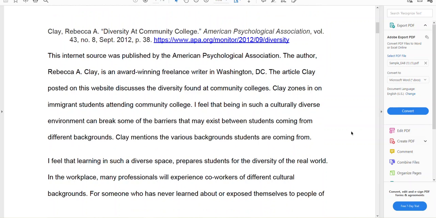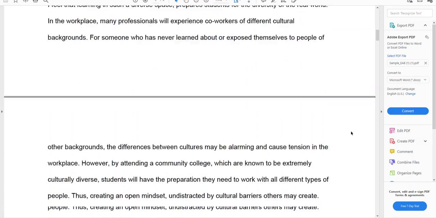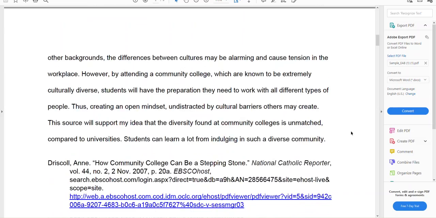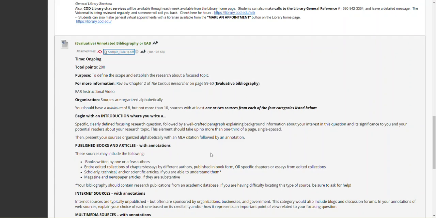So you can see how it's introduced. There you have the summary and then also the idea of what it does exactly for that research project. So once again, this is a student example. There are no perfect student examples. The idea here is to give you some sort of an idea of how a student in English 1102 handled this particular assignment.